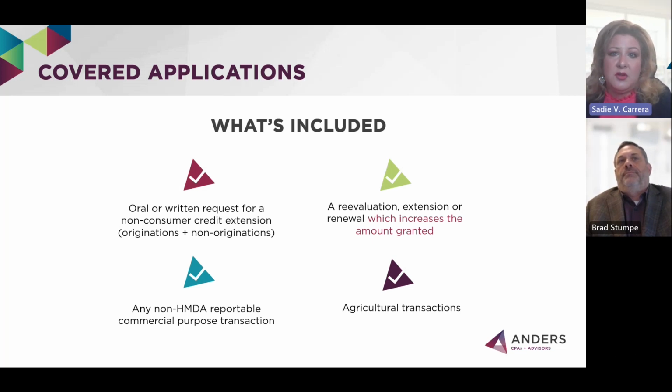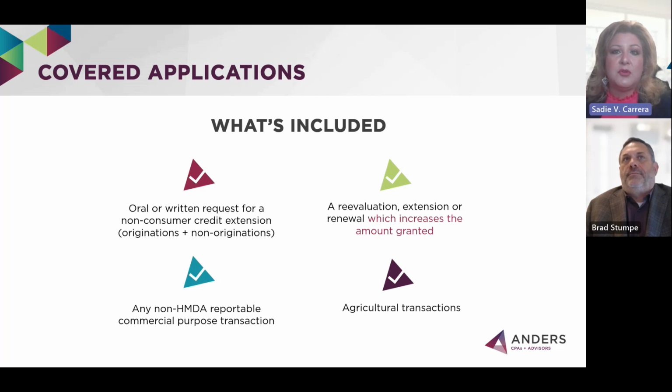Those wouldn't be reported under HMDA, but they would be reported under this new rule. And then also those applications that are primarily for a commercial purpose that did not purchase, refinance, or improve a dwelling. That would have been one of those other purposes under HMDA, which are non-reportable for business purpose transactions. Well, they will be reportable under this new rule.